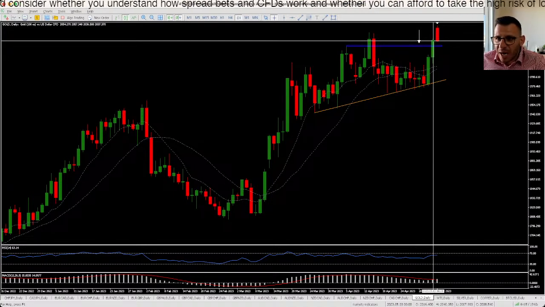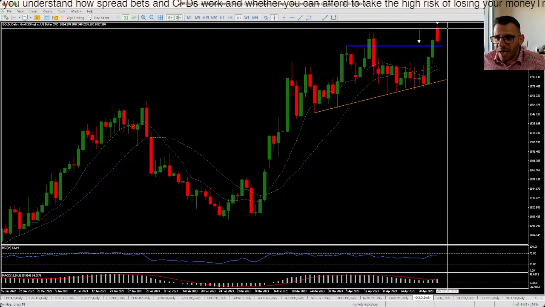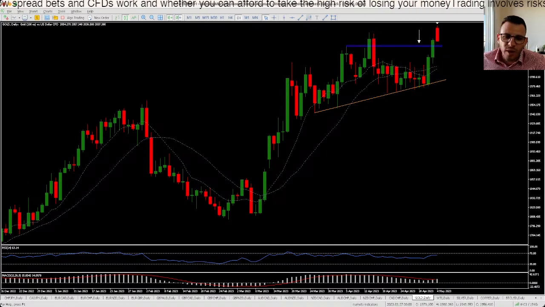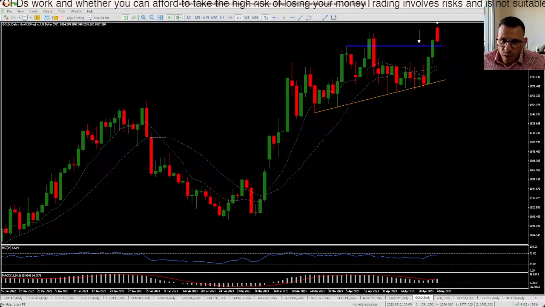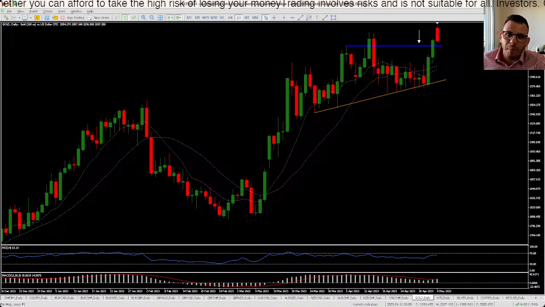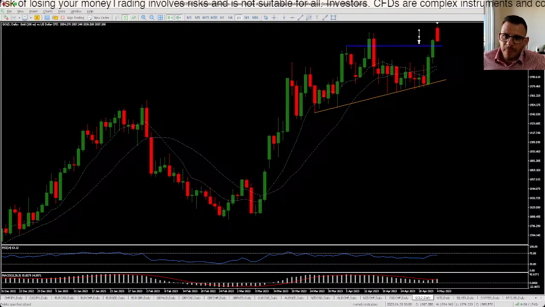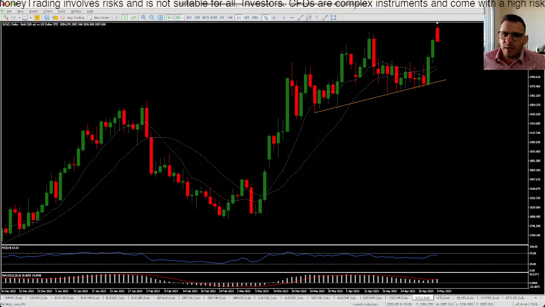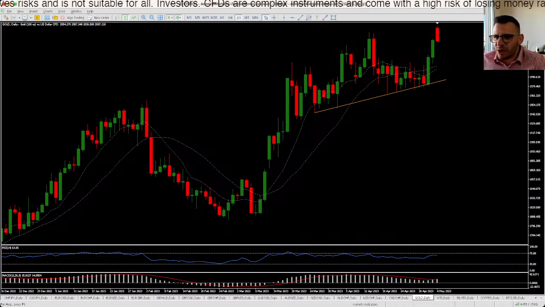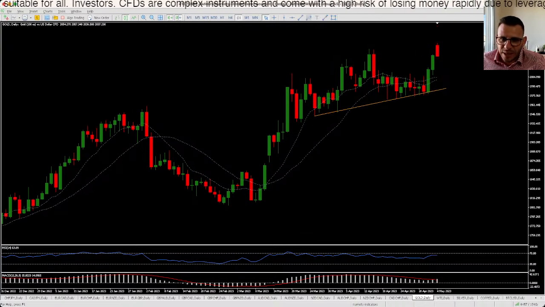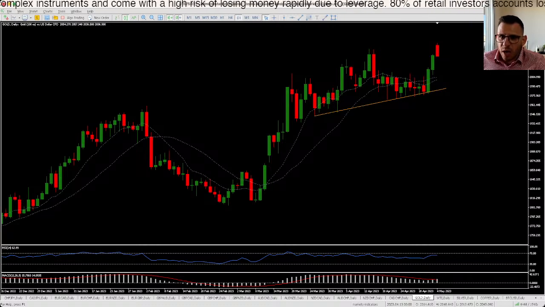It closed at 2037 and opened at 2054. Now we are above the resistance, so this possibility of a head and shoulders reversal is not validated anymore, so we will be looking now to buy.